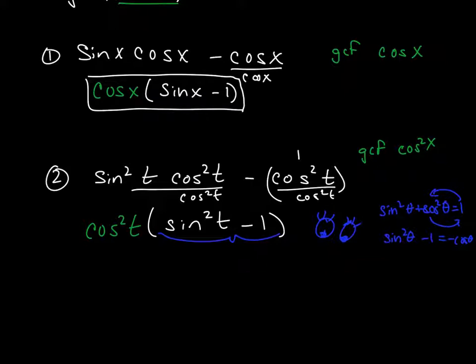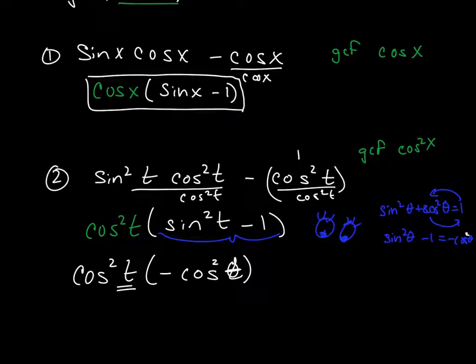So that gives me my cosine squared of theta times, that's my negative cosine of theta squared. Got that 2 over there.